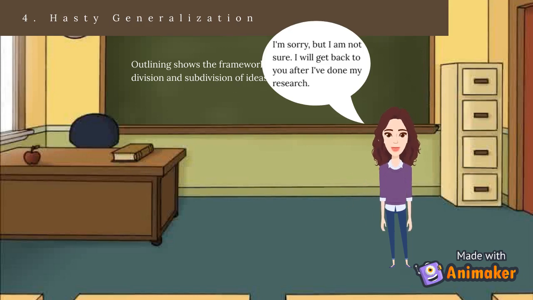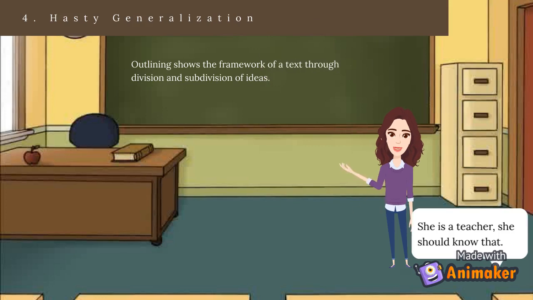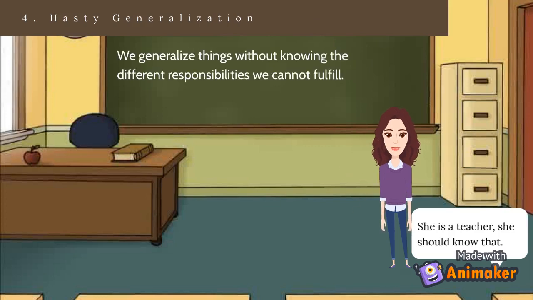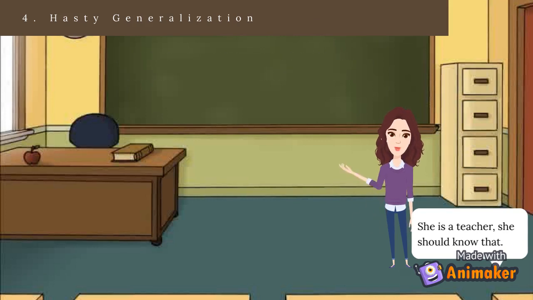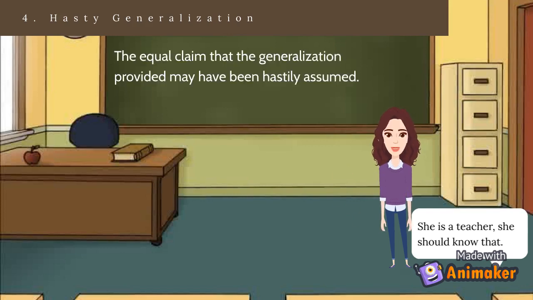Then you hear someone say, "She's a teacher and she should know that." We generalize things without knowing the different responsibilities we cannot fulfill. Generalization occurs because of the assumption that teachers must know everything. The claim that the generalization provided may have been hastily assumed.